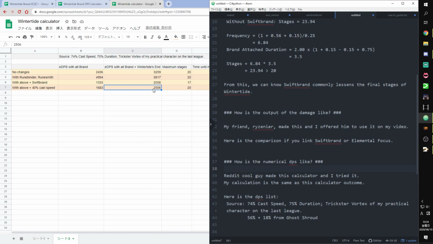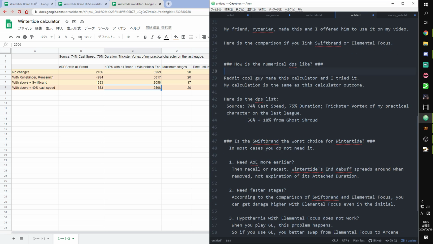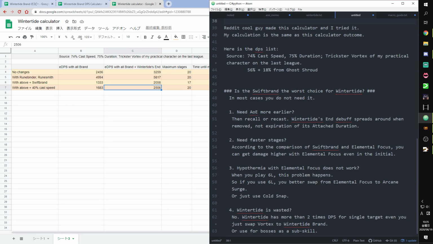So, the conclusion. Is Swiftbrand the worst choice for Wintertide? I guess you thought Swiftbrand has more frequency, so its initial damage is higher.